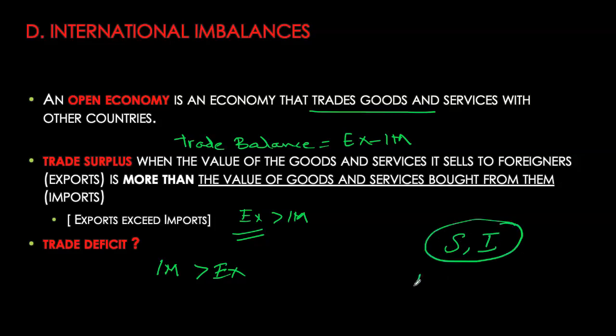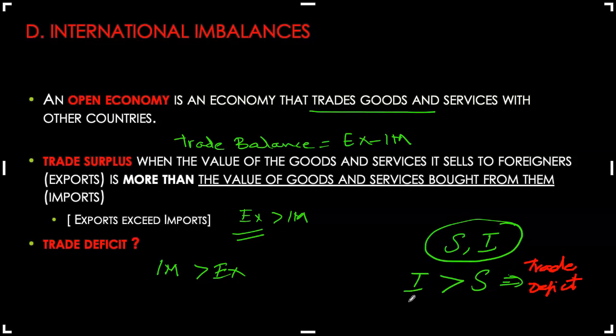We'll see whenever an economy has investment that exceeds its overall savings, it is running a trade deficit. And the vice versa would be true whenever it runs a trade surplus. So trade surplus will be associated with a situation in which its investment is lower than its overall savings. And what causes this to happen? We'll explore this question in more detail when we do chapter 10 later on in the course.